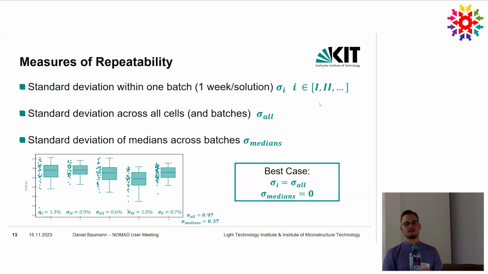And the median values of my samples should stay constant over time. Currently, for my robotic setup, I have about a 1% standard deviation, which can still be improved.